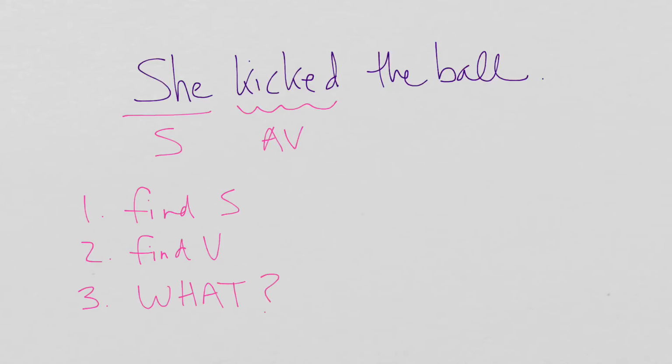What got kicked? In this case, the ball got kicked, which means that the ball is the direct object. The direct object is what received the action of the verb. It is what got the verb.